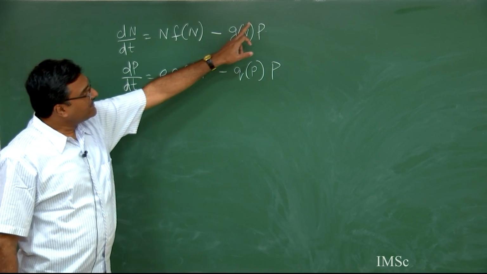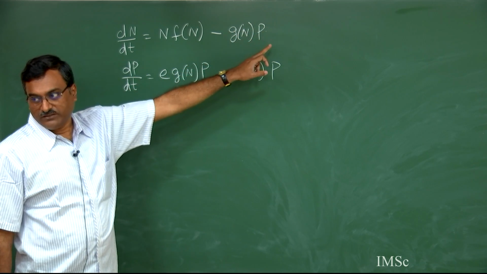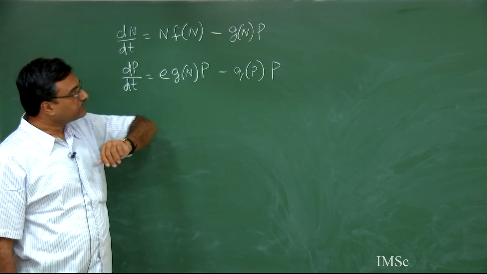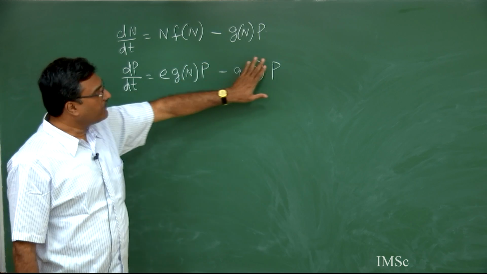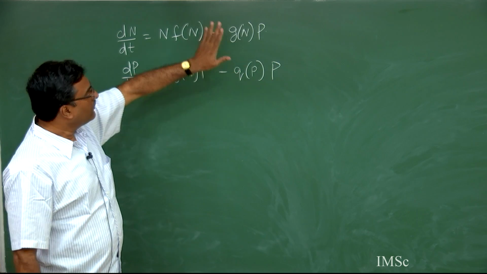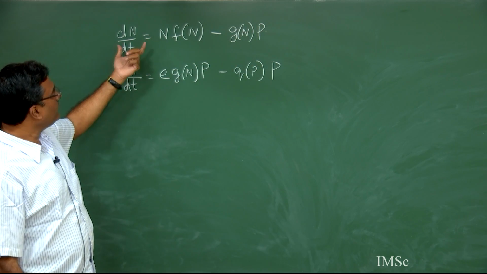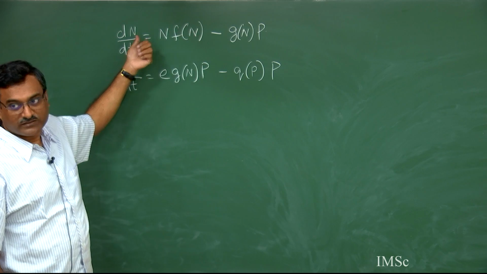So, in the absence of the predator population, that means if we assume the predator is absent, this equation will not be coming into the picture, we can ignore this term. So, then single species prey growth is described by this equation.